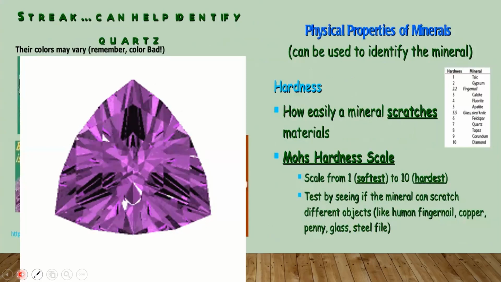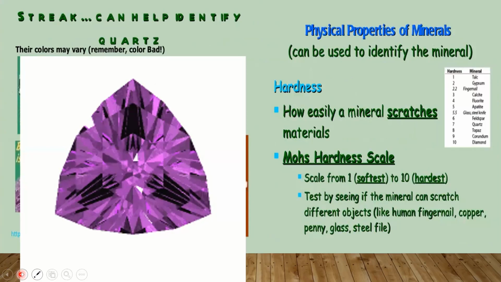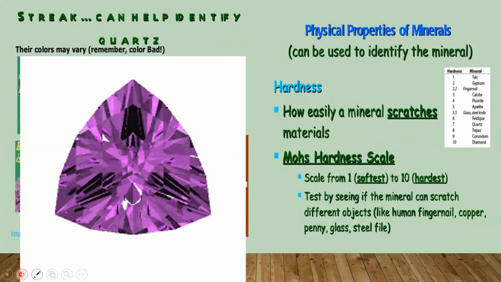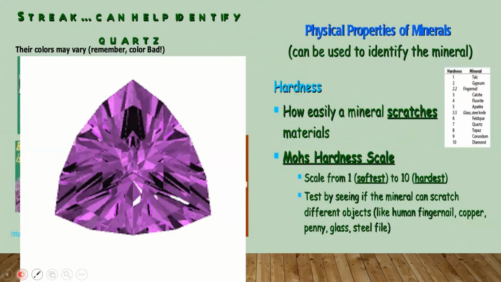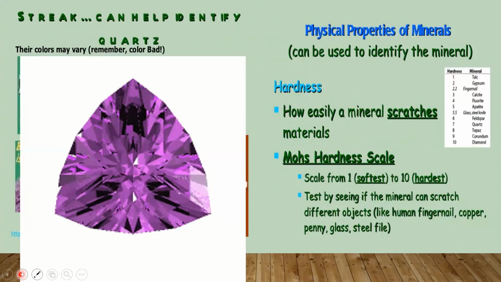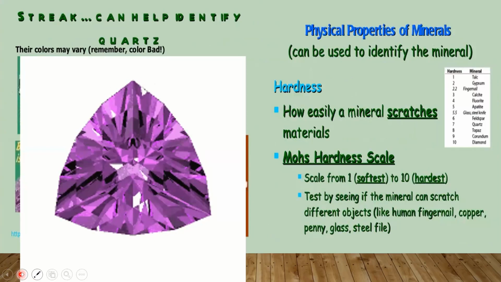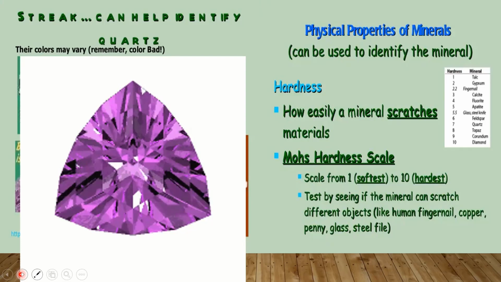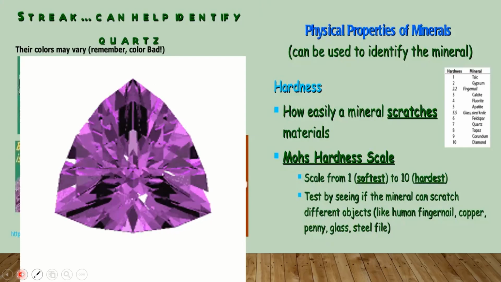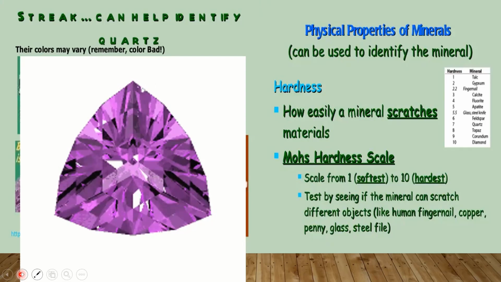And the physical properties of minerals can still be used to identify hardness. How easily a mineral can scratch materials identifies the hardness of the mineral. To measure hardness, we use the Mohs hardness scale.